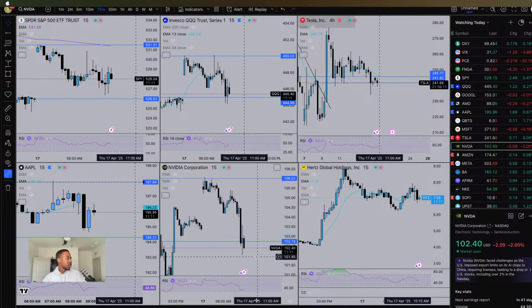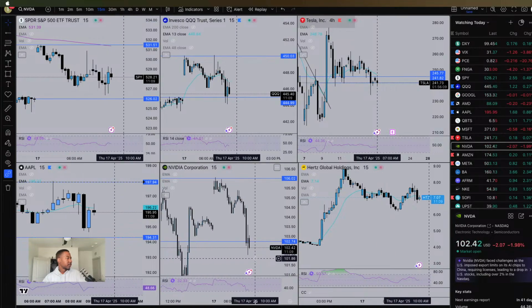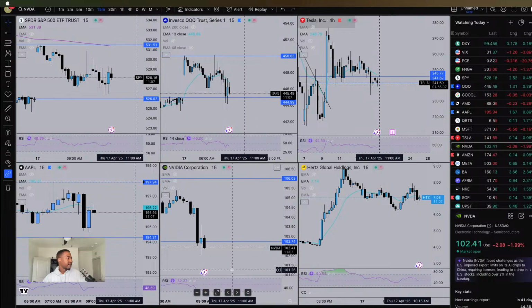Yo, Nvidia's trying to sell off a little bit, but as of right now this candle should still close green. It's trying to sell off. All right, yo, what is it?